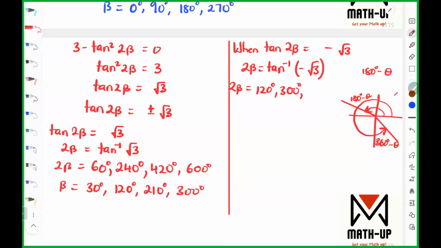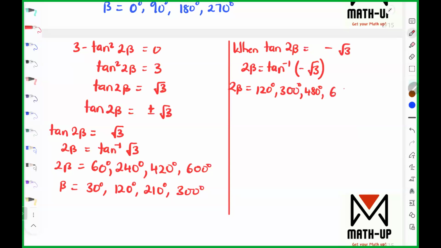Then when I add 360 degrees to 120 degrees, I'll get 480 degrees. Then when I add 360 degrees to 300, I'll have 660 degrees.